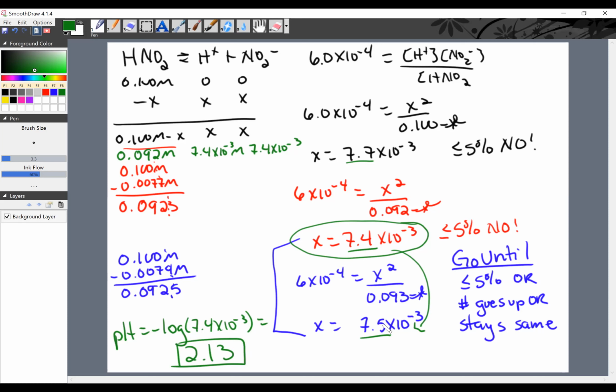And if it does go up, I tend to take the number before it goes up. And in this case, if you do the quadratic, that is the exact answer. And last but not least, I should have done this before I went on, it is greater than 10 to the -6, so it was okay to ignore the ionization of water.